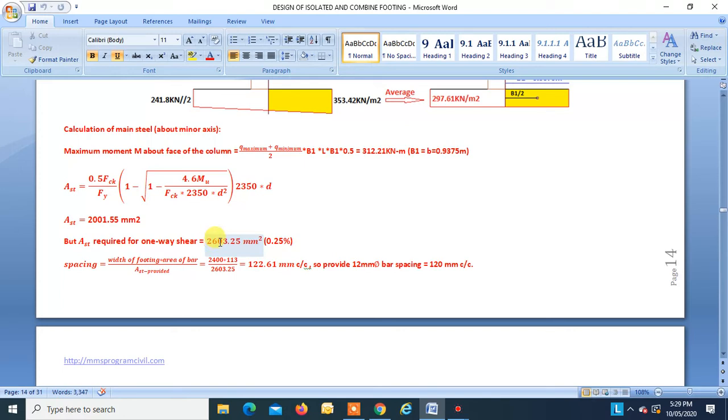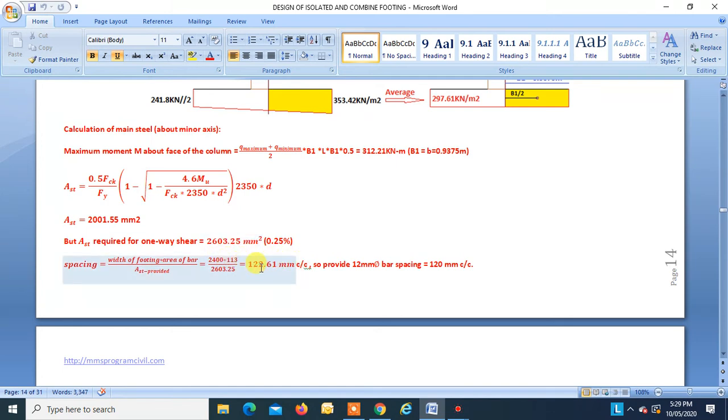From this we can find the spacing. Spacing is found to be 122.61 mm center to center. We are providing 12 dia bars. The spacing required is for 12 dia bars, where the area of a 12 dia bar is 113.